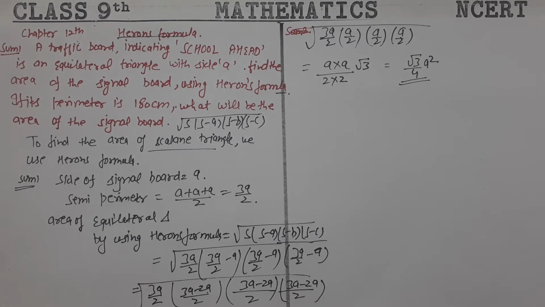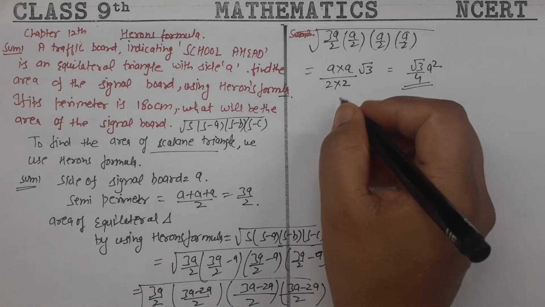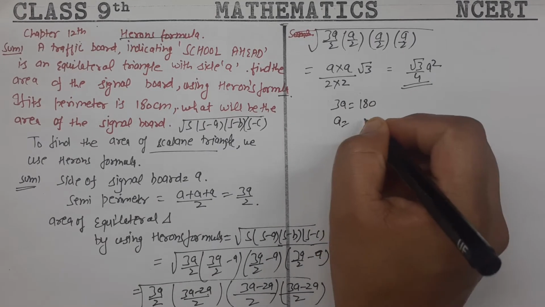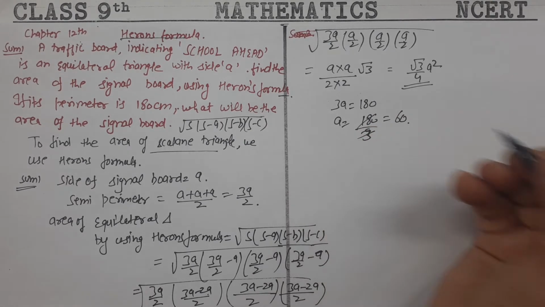And we know that the area of an equilateral triangle is root 3 by 4 A square, which is proved by Heron's formula also. Now, if its perimeter is 180, then 3A is equal to 180, so the side is 60.